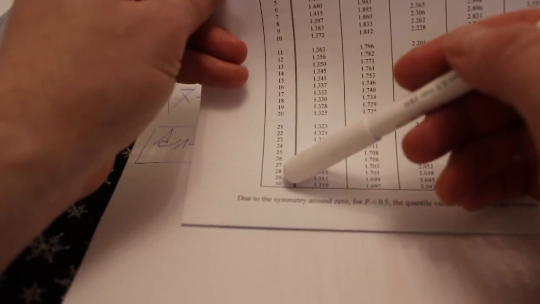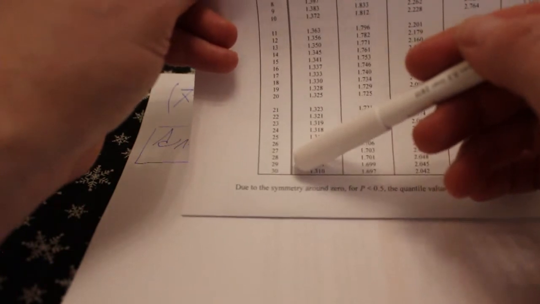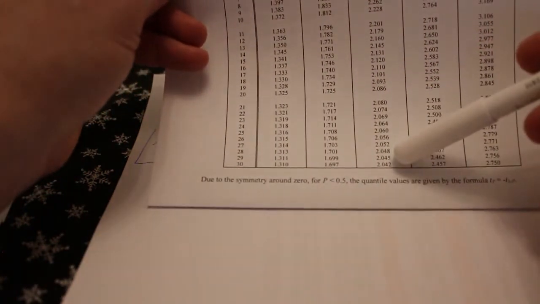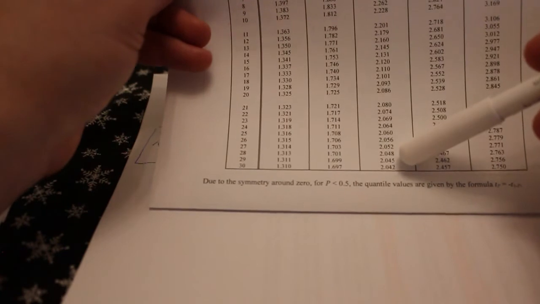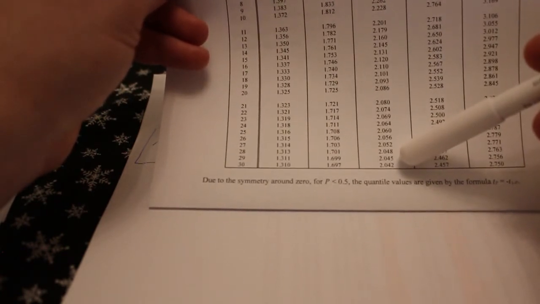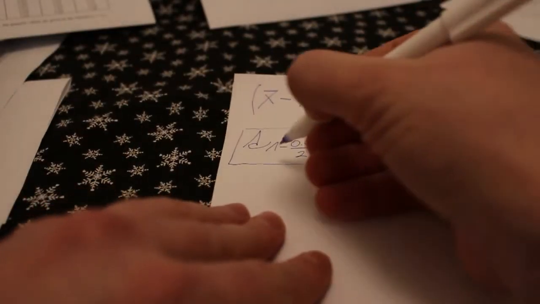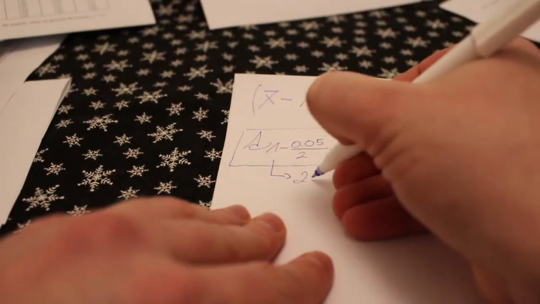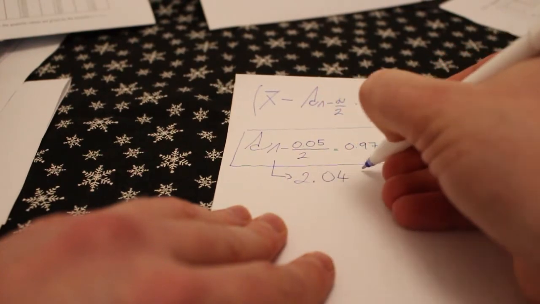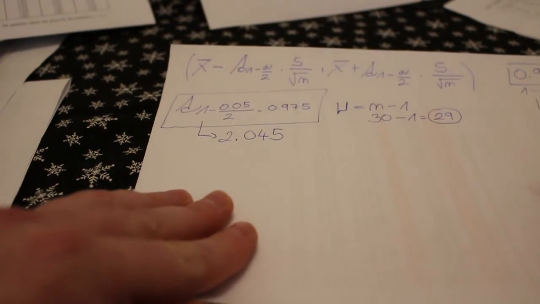And 29 degrees of freedom you can find here at the bottom. So in this column you can find value of this quantile, 2.045. So this quantile is 2.045. And now we know everything for calculation.